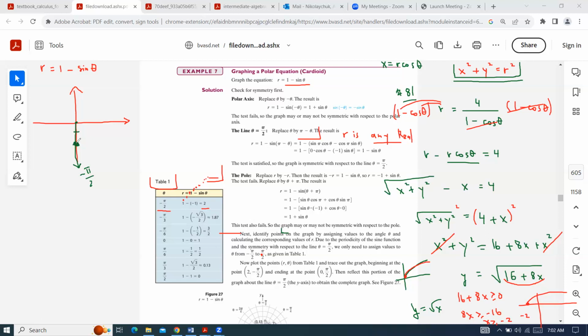Then they take other values for angle, pi over 3 and so forth. I'm interested in value 0, so that's equal to 1. When you get that sine of 0, it's 0, so you just have 1 left. So when angle is 0, it should be going in this direction, right? Then we have 1 here. So notice it's half as long as we used to have.